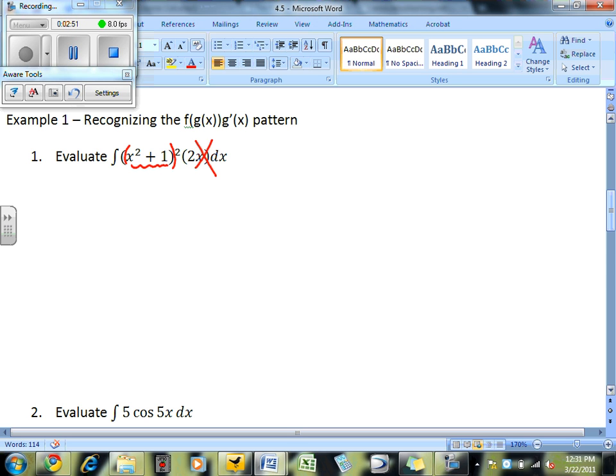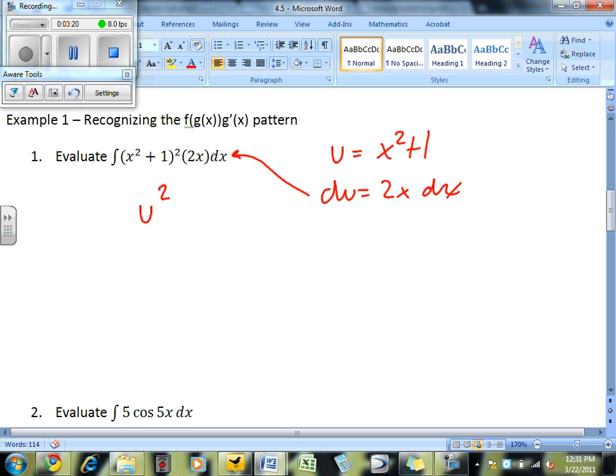What I'm going to show you with that last thing, the u substitution, is that we make this inside equal u. So we're going to substitute. What we have over here is u squared, where u equals x squared plus 1. If I take the derivative of u, I get du equals 2x dx, because I took the derivative with respect to x. Then I want to solve for dx, because I'm going to substitute in here.